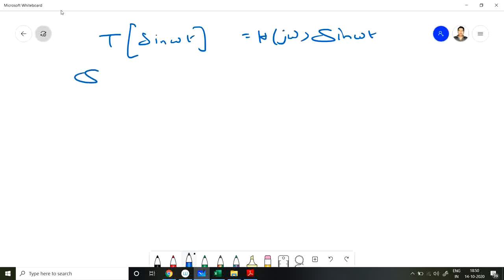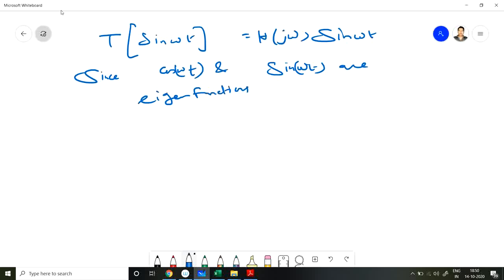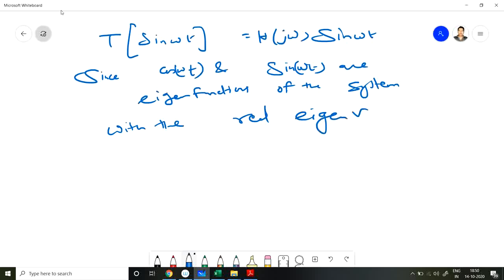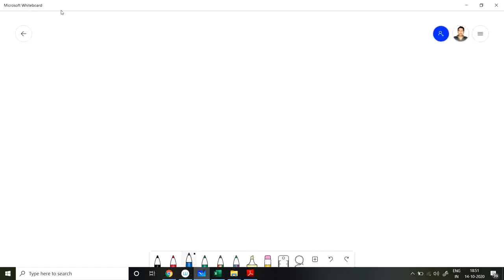So since cos omega t and sin omega t are eigenfunctions of the system with the real eigenvalue H(j omega).